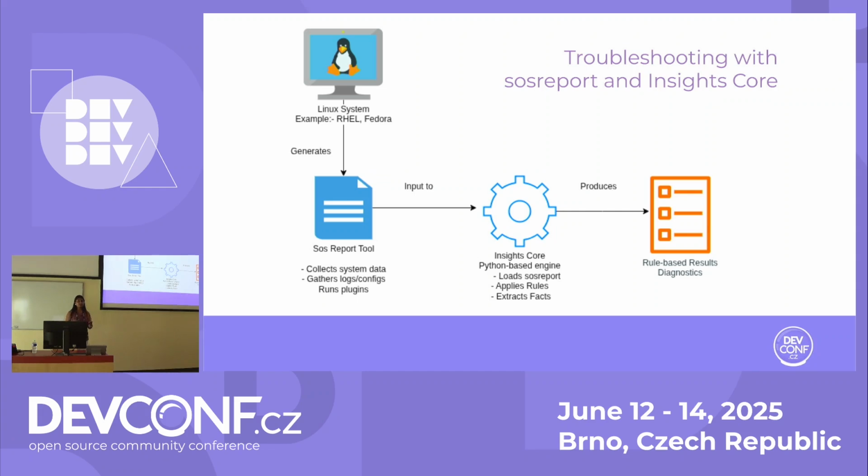Once we have the collected data ready, the Insights Core rules will check against the archive, apply all the rules and extract the important facts from it.